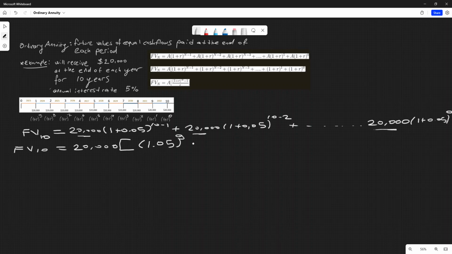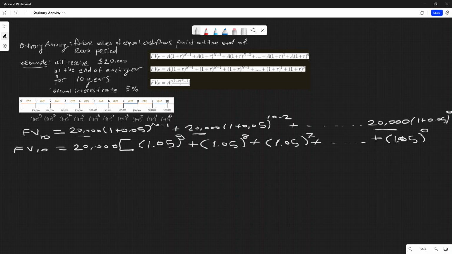to the ninth power, plus 1.05 to the eighth power, plus 1.05 to the seventh power, and it goes on, and at the end of the formula you have 1.05 to the zeroth power.